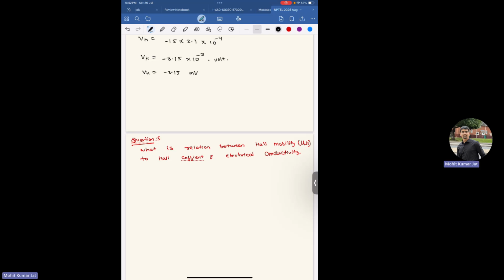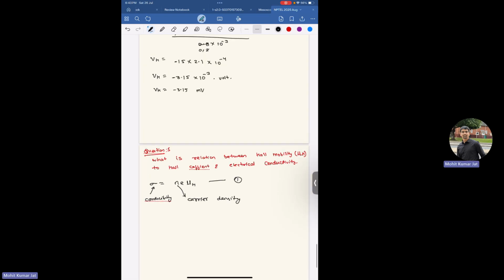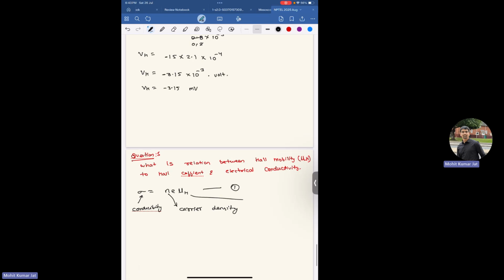We know the hole mobility. Sigma, for example, let me write, sigma conductivity will be N e mu h. This is equation 1, right? This is the standard one which we use, sigma equals N e mu h, where sigma is the conductivity, N is carrier density, e is electronic charge and mu h is hole mobility.